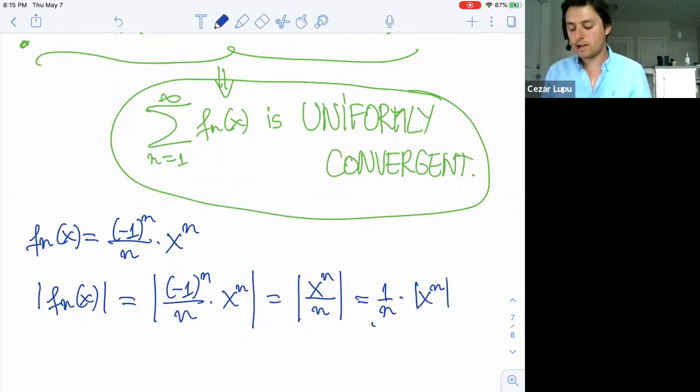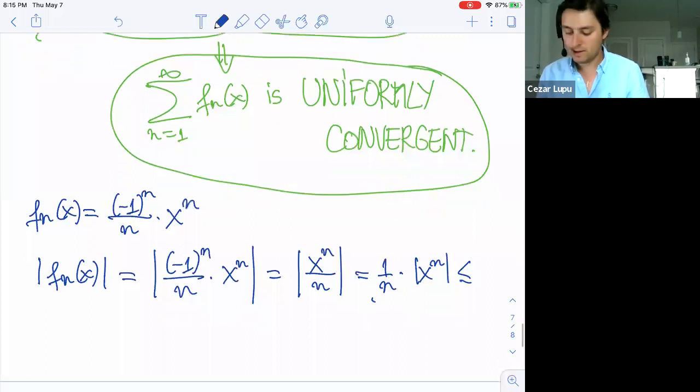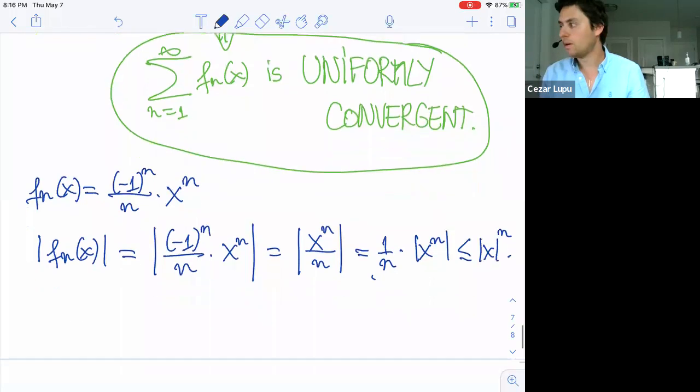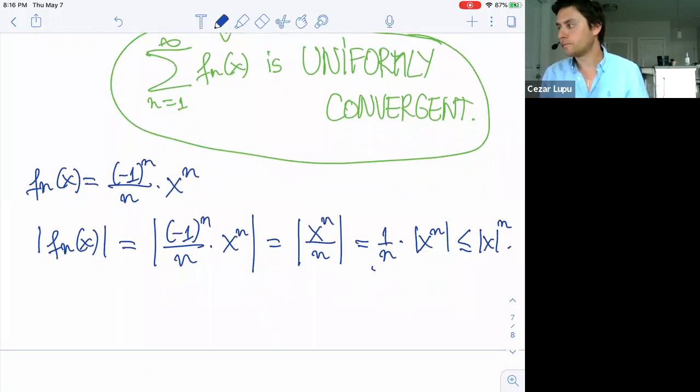But now since n is greater or equal than 1, this will be less or equal than the absolute value of x to the power n. And keep in mind, this is very important, x is between -1 and 1.